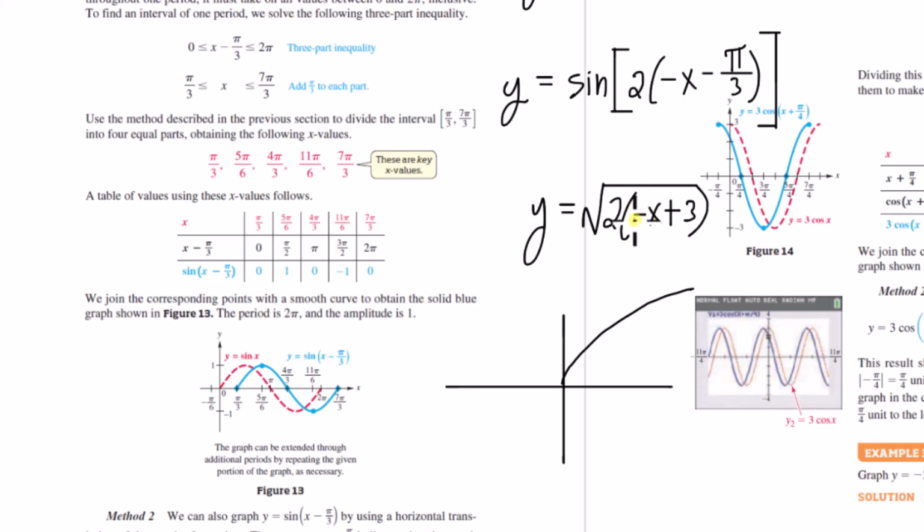So the x became positive, and there was a negative in front of the 3. Now if I'm not factoring out the negative, the x stays with the negative and the 3 stays positive. But you could still interpret it the same way. You shift it to the left 3, then you flip it about the original y-axis, and then you scale it down by 2, so you get the same result.